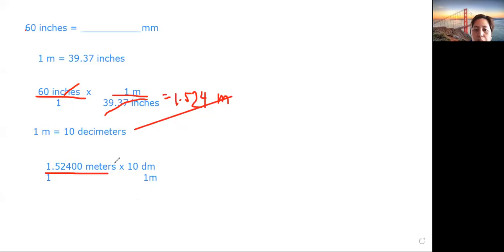In every 1 meter, there are 10 decimeters. So for us to be able to get the decimeter, let's cancel meters. So we have now 15.24.